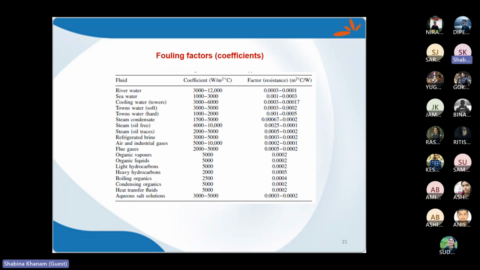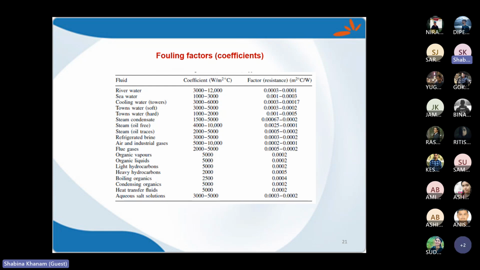We have already discussed in the last class that the design of heat transfer equipment is usually an iterative approach, where we need to assume a certain value of the overall coefficient, then calculate the overall coefficient and compare it with the assumed value.